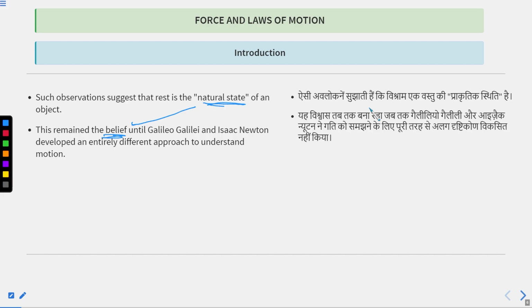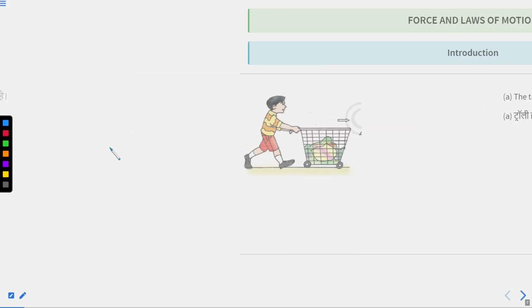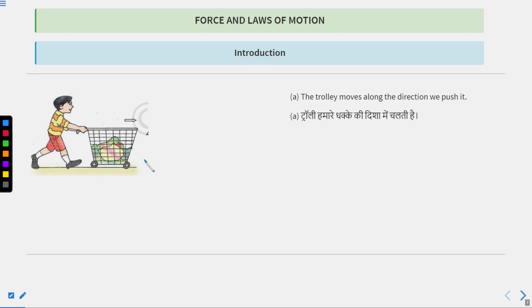So it was believed that the natural state of any object is rest, until Galileo Galilei and Isaac Newton came into the picture and developed a different approach to understand motion. And what is that different approach? Okay, this is a trolley. The trolley moves in the direction in which we push it. Clear, class? This boy is pushing the trolley in this direction, so the object is moving in this direction.